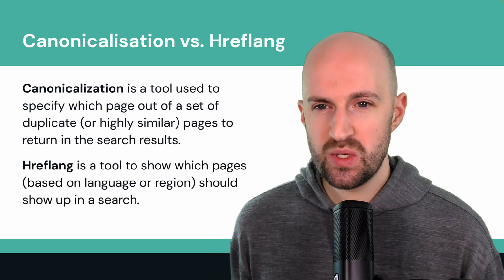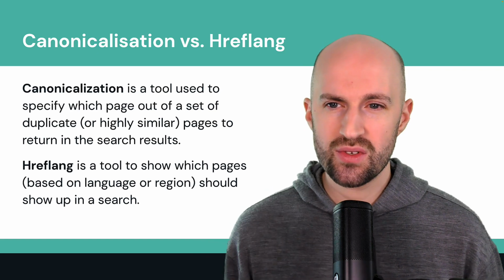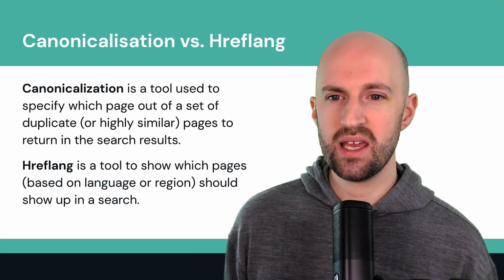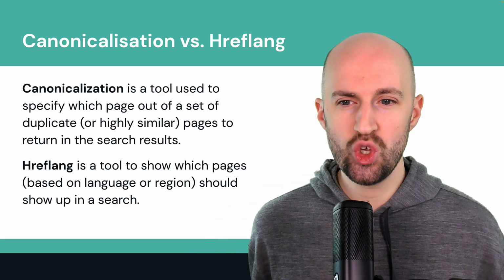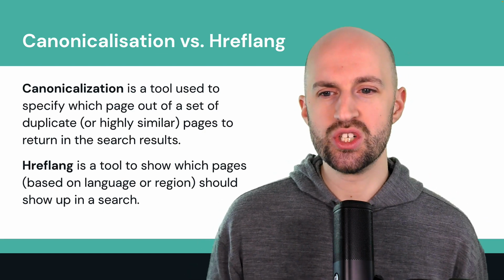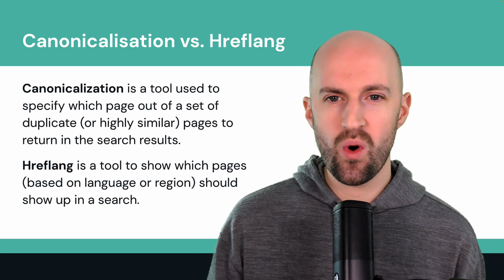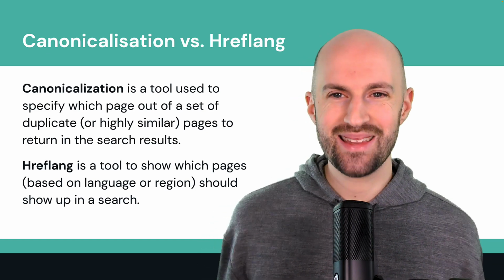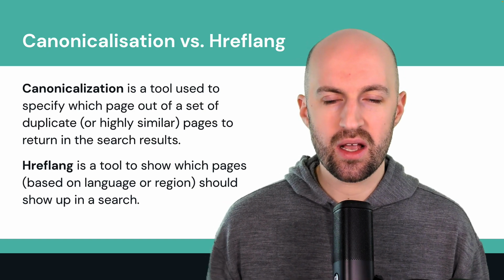Now, what's the difference between canonicalization versus Hreflang? If you haven't heard of canonicalization, it's basically a tool used to specify which page out of a set of duplicate or highly similar pages to return in the search results. And basically, this is more for content that's within a specific language and a specific country.